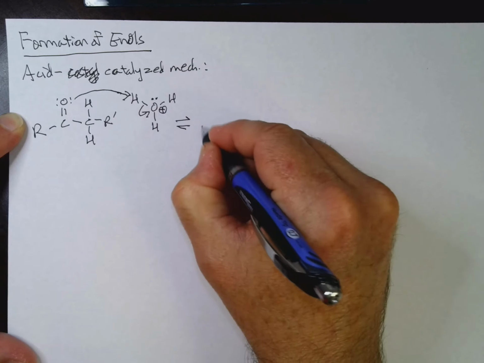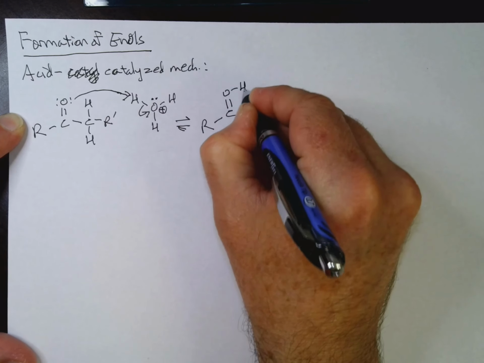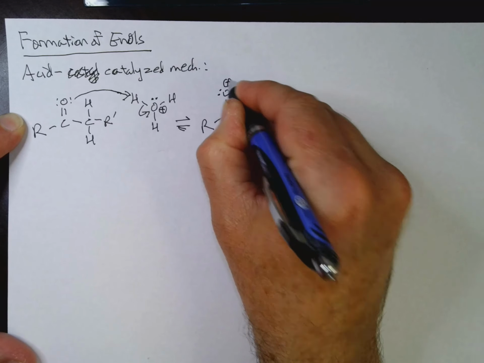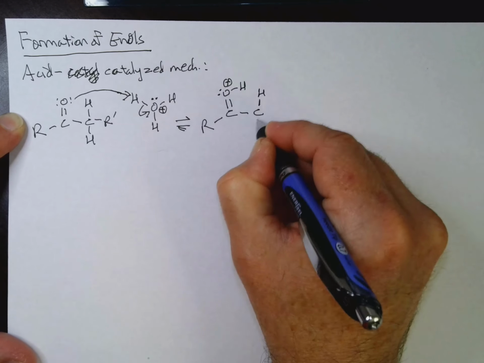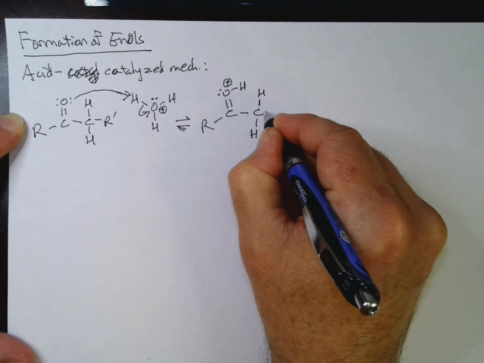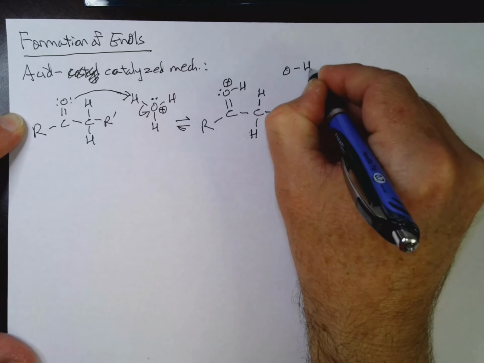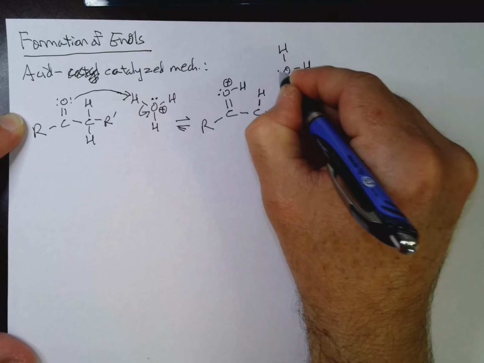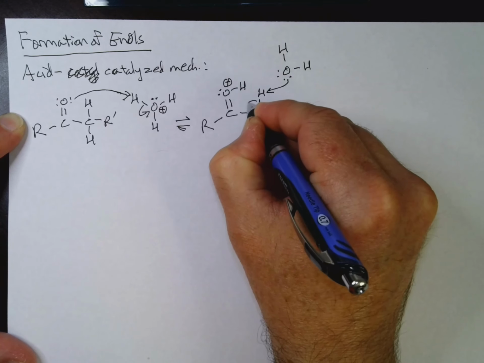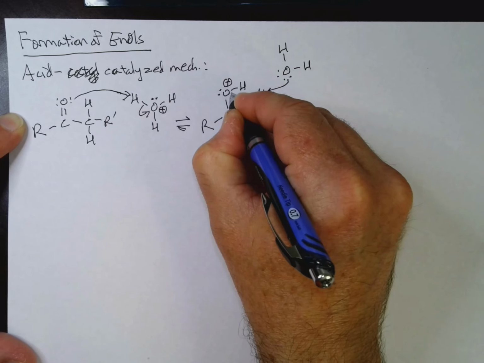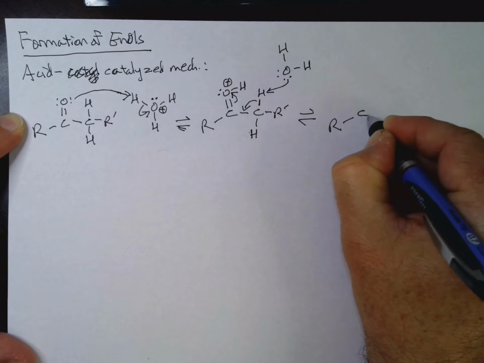That will now give us our C=OH+, C, H, H, R', and now water can come in and pull off the alpha proton, and we then get the formation of the enol.